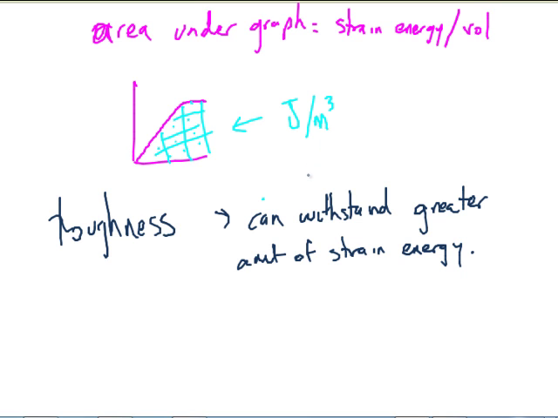Those that are ductile tend to be a tougher material because they'll withstand a greater amount of energy before they actually fail. So what we're saying there is a greater area under the graph is going to give us a tougher material.